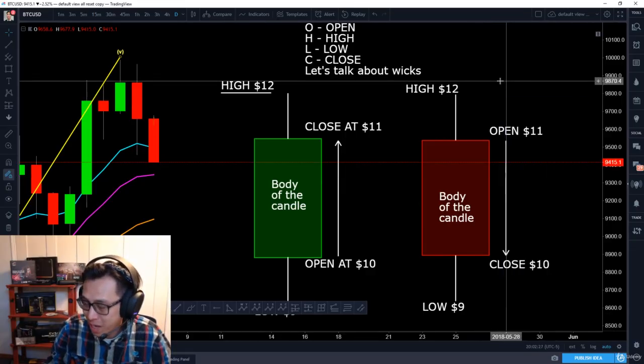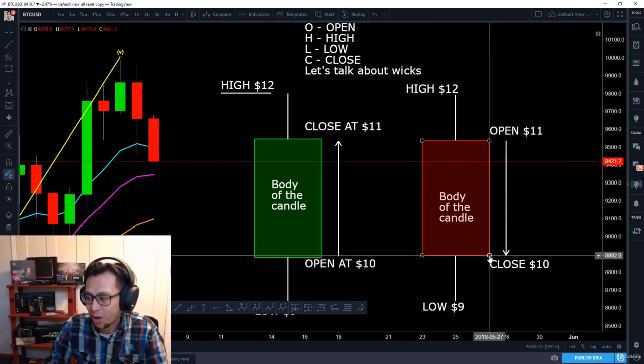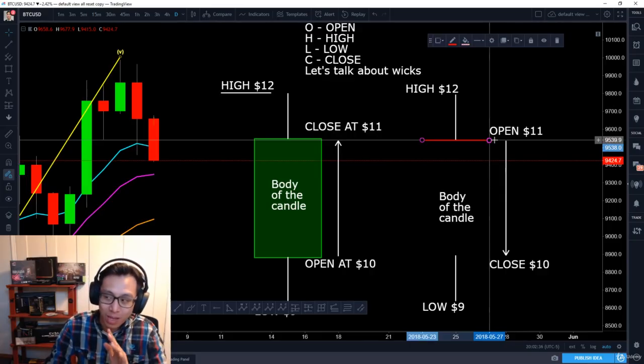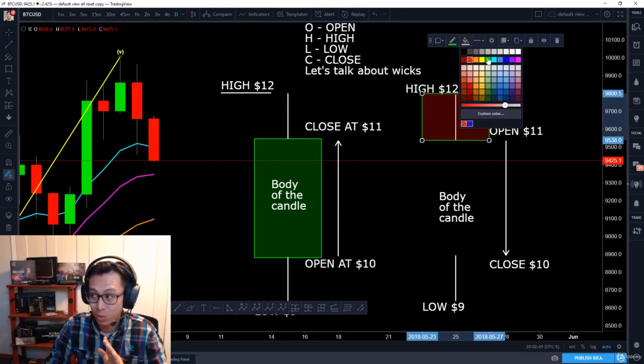All right, let's get into this, guys. So let's say that we opened at $11 right here. First of all, it would have been a green candle, because we're going up.